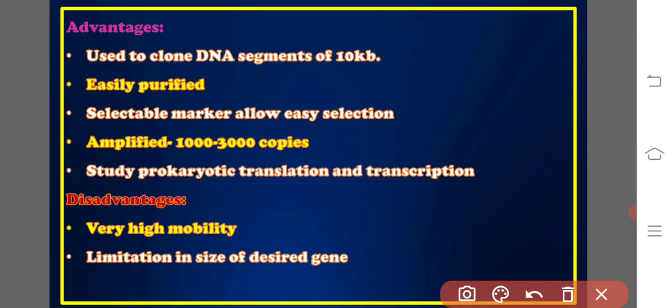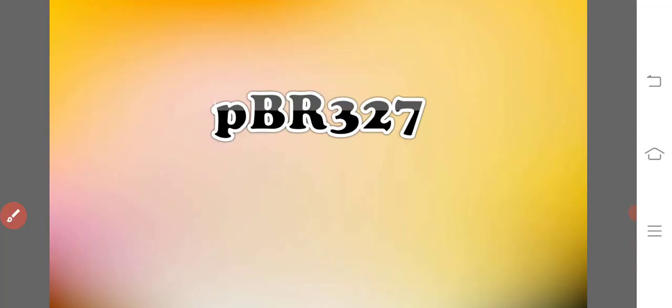And there are certain disadvantages of the pBR322 plasmid: very high mobility and limitation in size of the desired gene. And coming to one more example from the plasmids, that is pBR327.